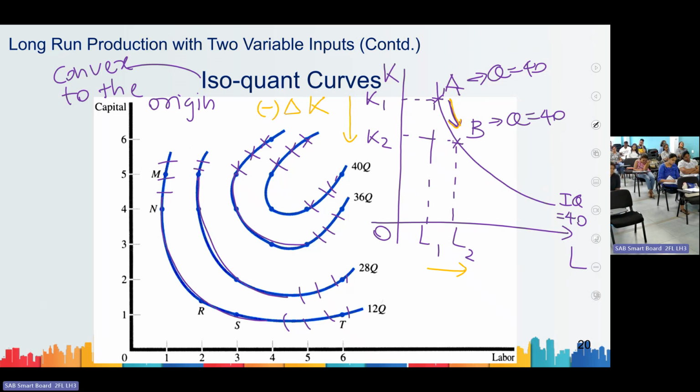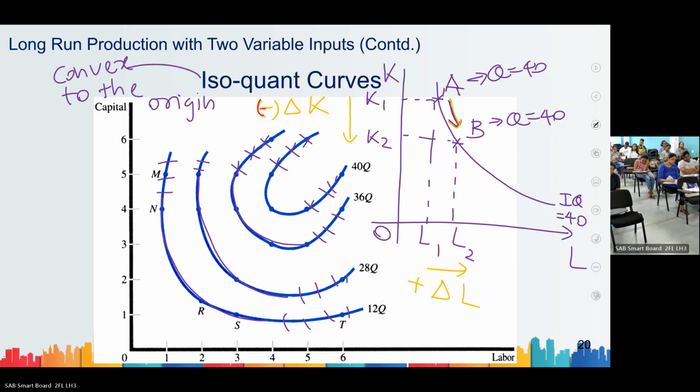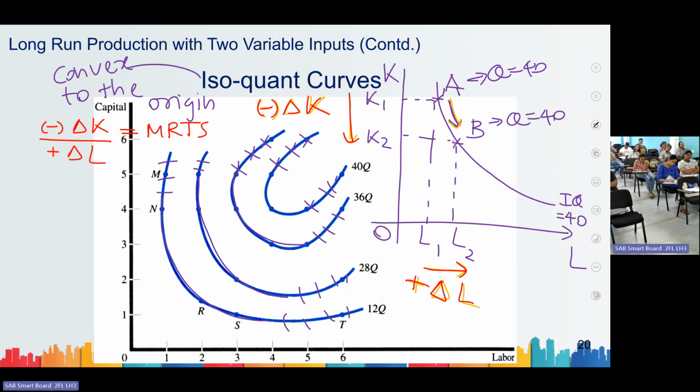Labor input is increased, which is positive. By dividing this change in capital by the positive change in labor, we can calculate the marginal rate of technical substitution of labor for capital.